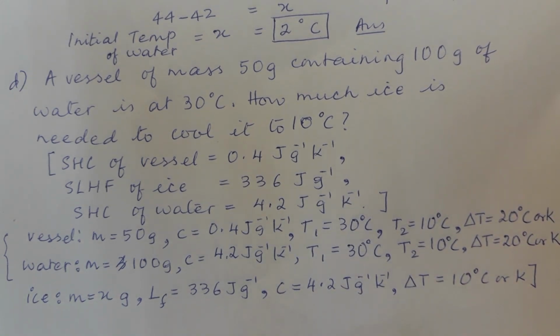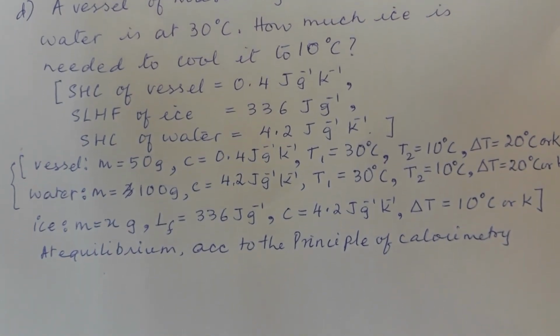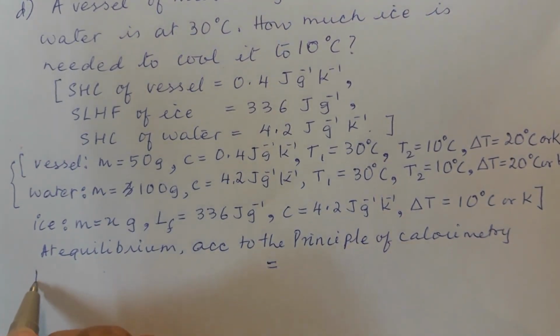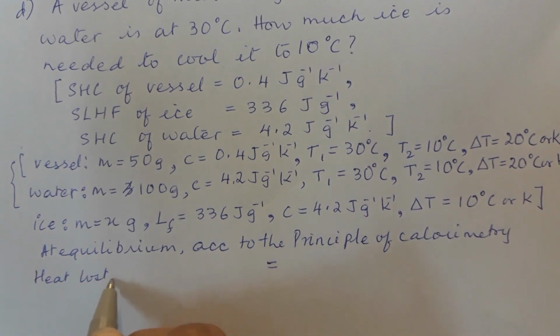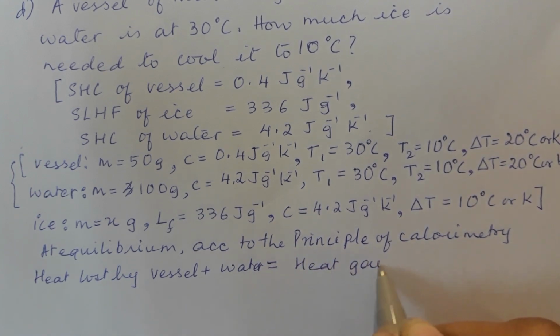Once we have understood this, we are ready to say that at equilibrium, according to the principle of calorimetry, the heat lost by the vessel plus water is equal to heat gained by ice.